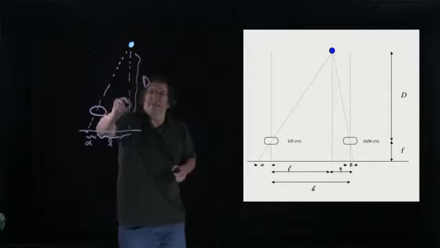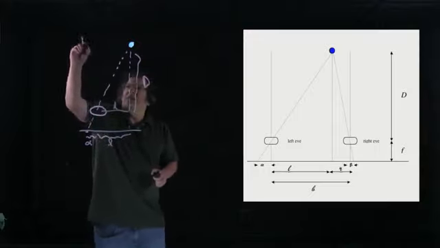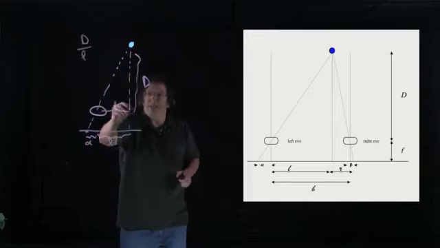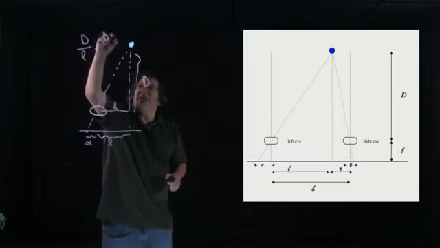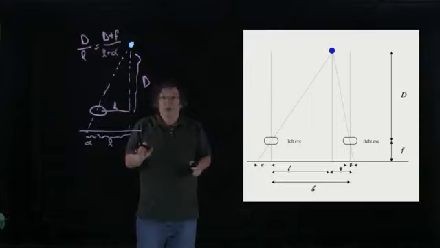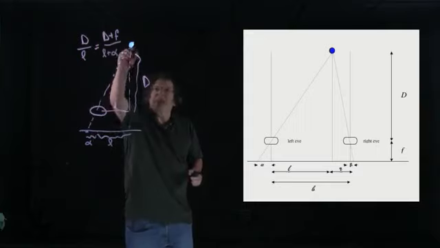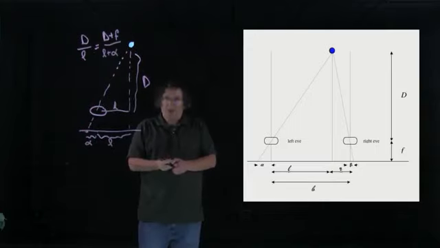This distance here is D. So the ratio of D to L, because these are similar triangles, the ratio of D to L is the same as the ratio of D plus F to L plus alpha. So that's just high school geometry right there. The ratio of D to L is the same as the ratio of D plus F to L plus alpha. So let's go to the next slide.